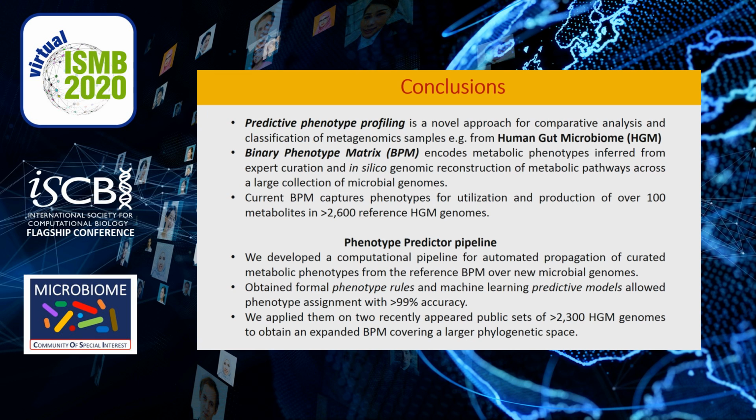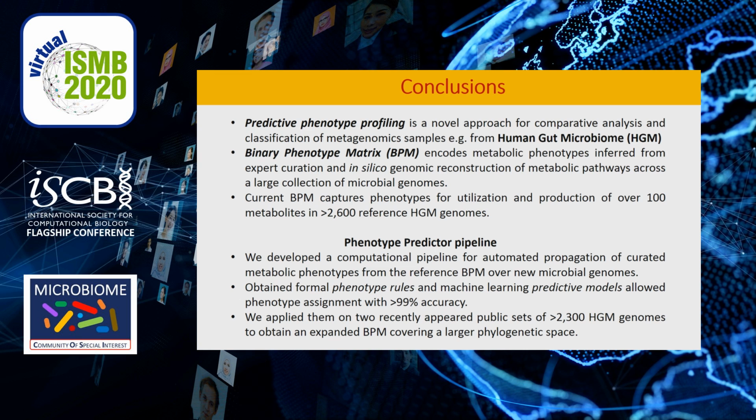Conclusions. Predictive phenotype profiling is a novel approach for comparative analysis and classification of metagenomic samples. The Binary Phenotype Matrix encodes metabolic phenotypes inferred from expert curation and in silico genomic reconstruction of metabolic pathways across a large collection of genomes. The current BPM captures phenotypes for utilization and production of over 100 metabolites and thousands of reference genomes.